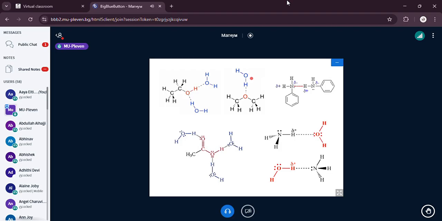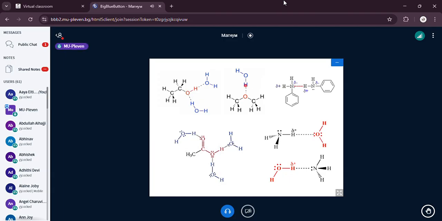In this hydrogen bonding, it behaves as hydrogen bond donor or hydrogen bond acceptor. No, acceptor. Because it donates lone electron pair at oxygen atom.